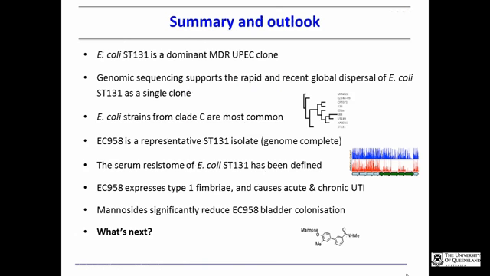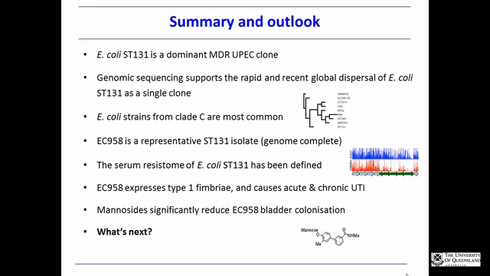Okay, so as a summary, I've told you that this clone of E. coli is a dominant multidrug resistant UPEC strain. The genomic sequencing that I showed briefly supports the rapid and recent global dispersal of ST131 as a single clone. The strains from clade C are most common.